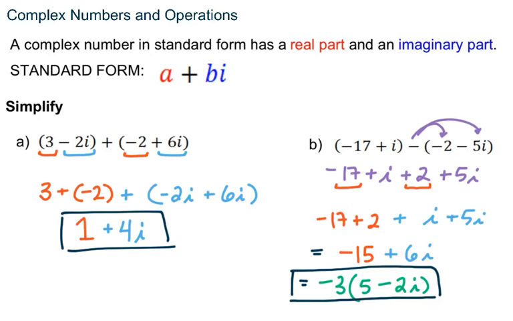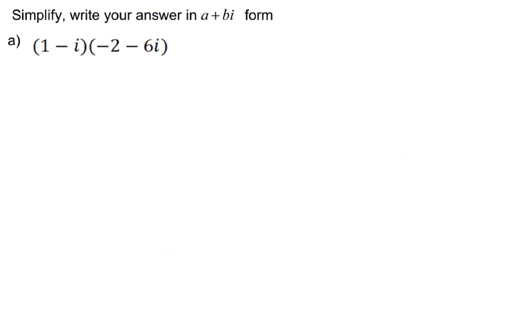Let's look at one more example. For this problem, we're going to simplify and again write our answer in the a plus bi standard form. What you'll notice here is I have 1 minus i, and this operation is multiplication, so times the quantity -2 minus 6i.